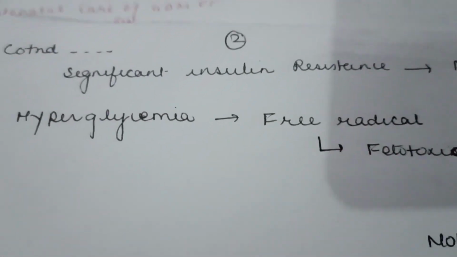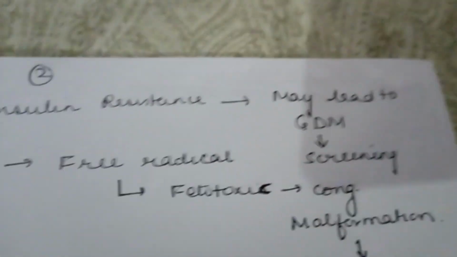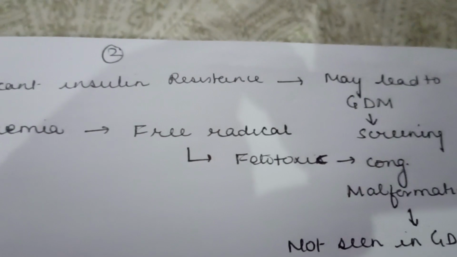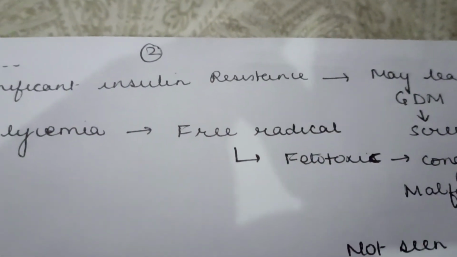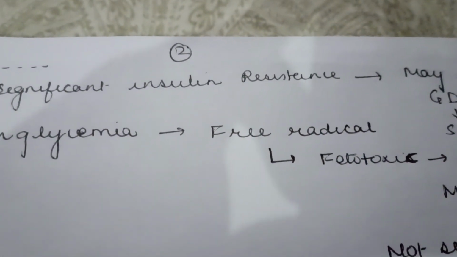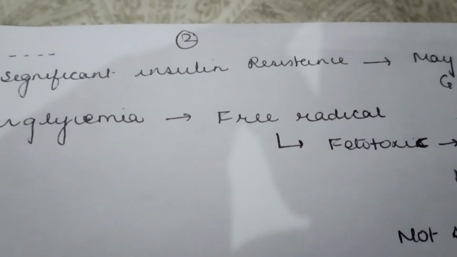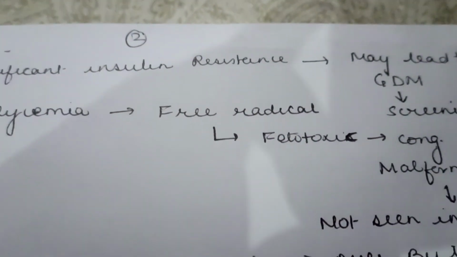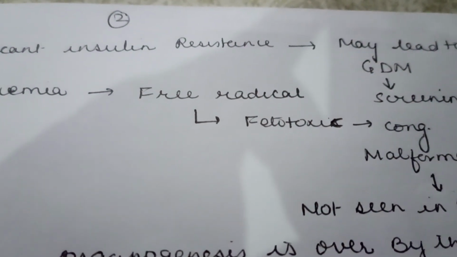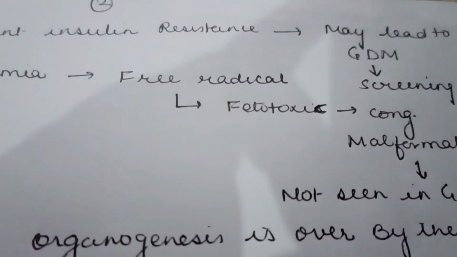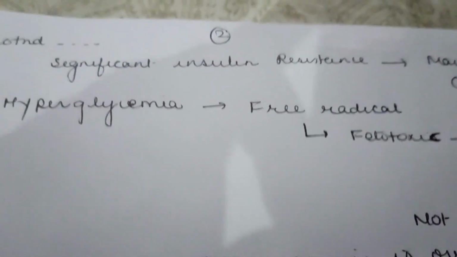This significant insulin resistance may lead to GDM. And so screening must be done at 24 to 28 weeks. In every pregnant female, we should do the screening of GDM at 24 to 28 weeks.